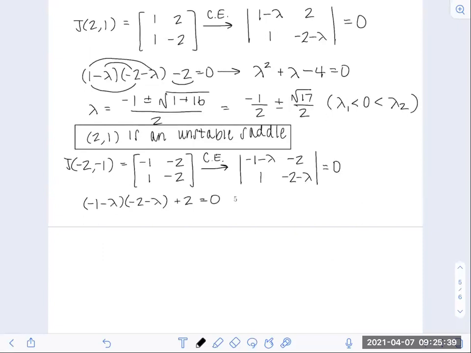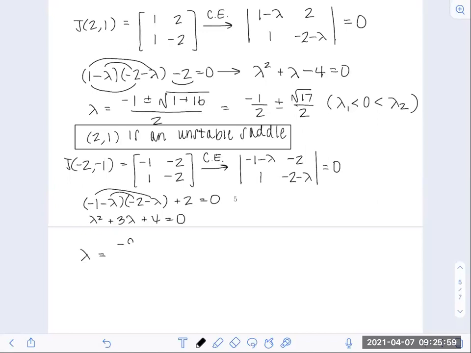So here I'm getting lambda squared. I get a positive 2 and a positive 1, which is positive 3. And then I have a positive 2 and a positive 2, so plus 4. All right, so here again, this doesn't appear to factor, so I'm going to put it into the quadratic formula.